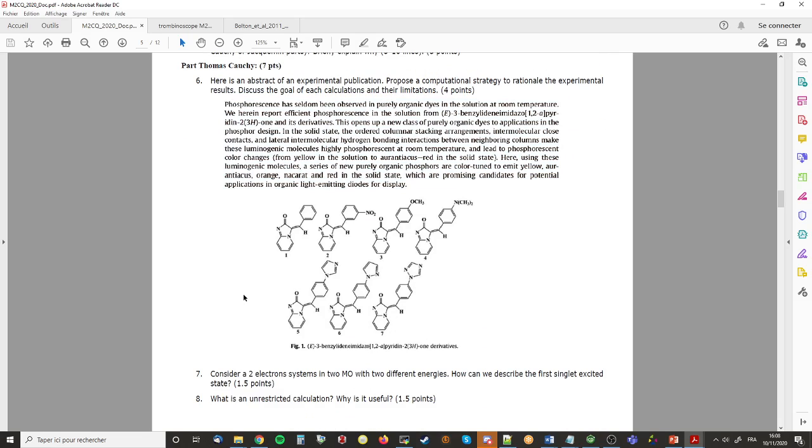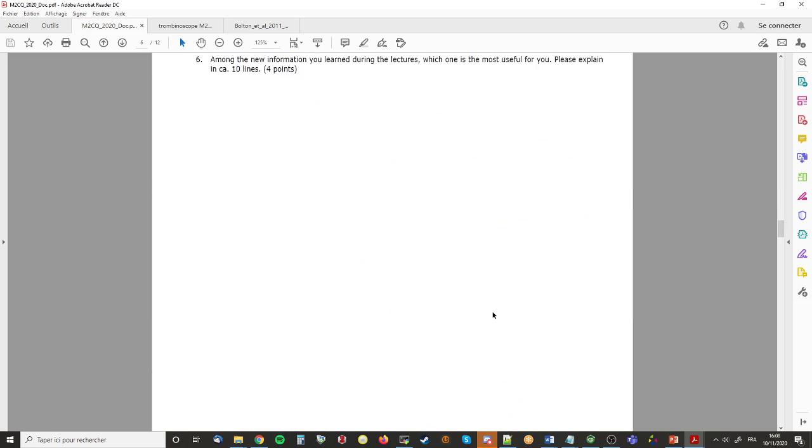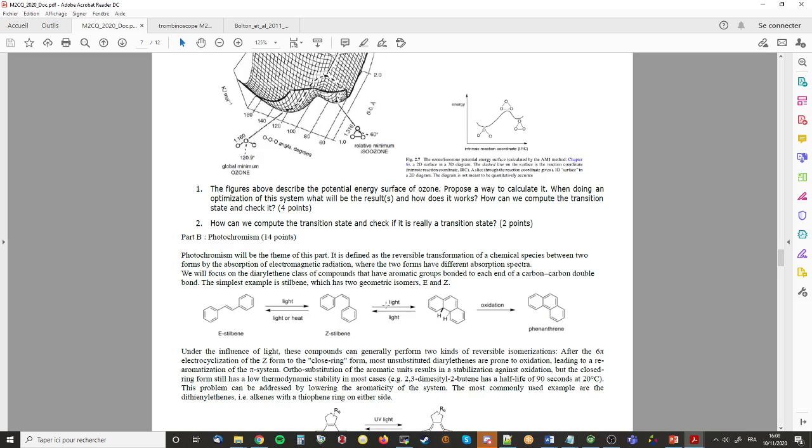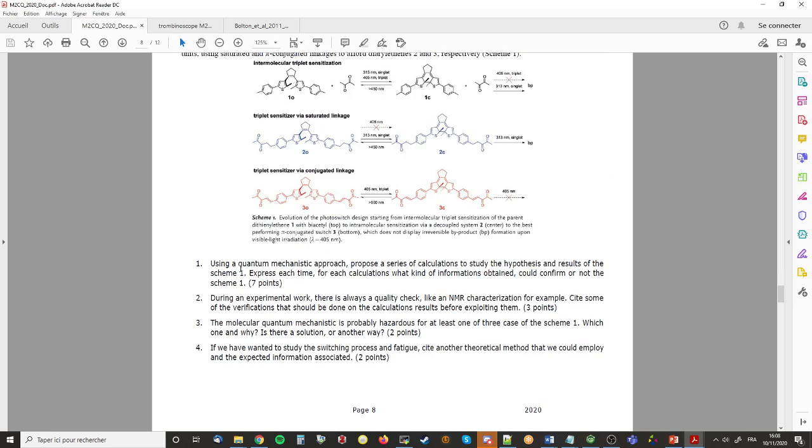Whereas in my part, you have a part of an article, and I ask you to comment on the computational strategy, to say how we can compute, for example, this property. Here you have, for example, a photochromic approach, and you are asked, using a quantum mechanics approach, to propose a series of calculations to study the hypothesis and results of scheme 1.